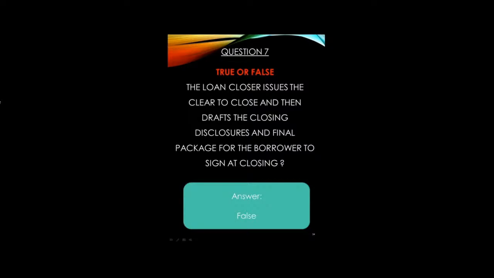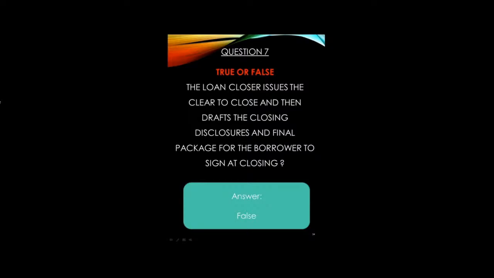The answer is false. Okay? You might think that the loan closer issues the clear to close and then drafts the closing disclosures. Well, it's a question that you have to understand and read clearly. The loan closer issues the clear to close. That's the red flag. No, they don't.